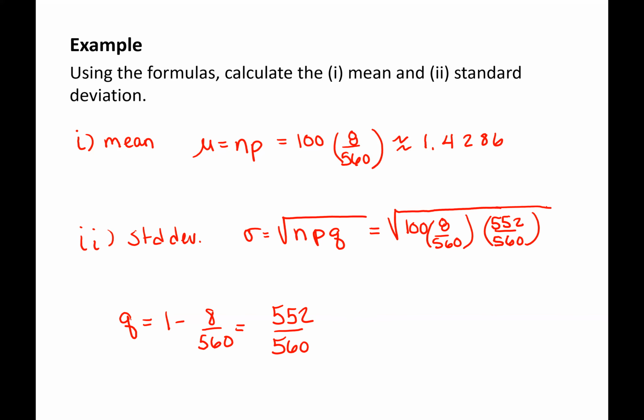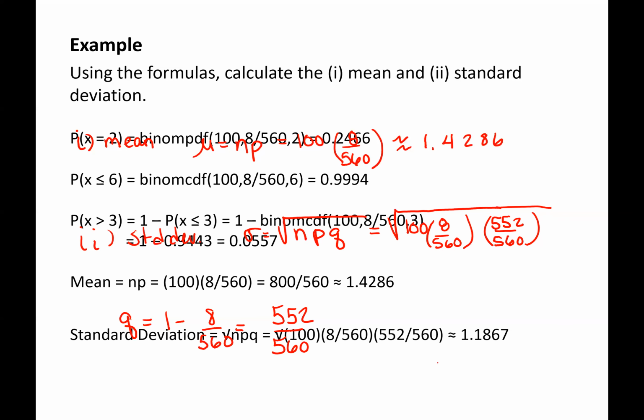All right, taking my calculator out, when I calculate 100 times 8 over 560 times 552 over 560, I don't have that written in my notes, but I have it on the actual slide. So that's 1.1867.